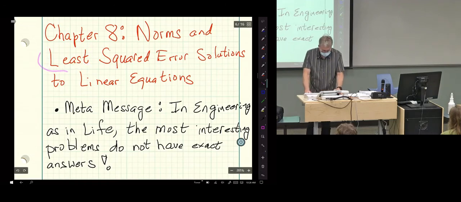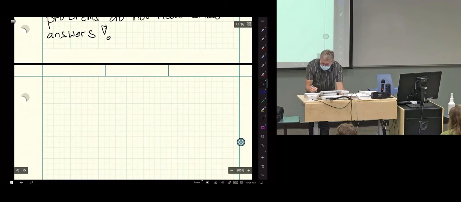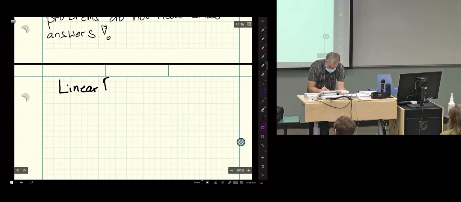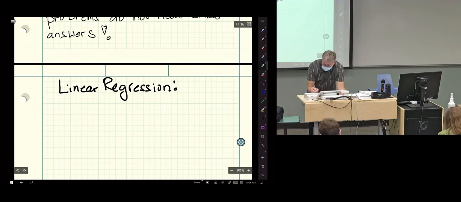That's what the word least means. Okay? And so you're going to learn something that's super cool. Linear regression. And I think about it as one of the superpowers of linear algebra.